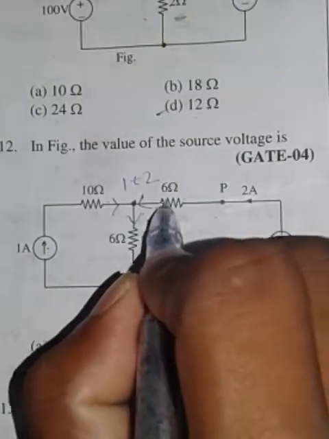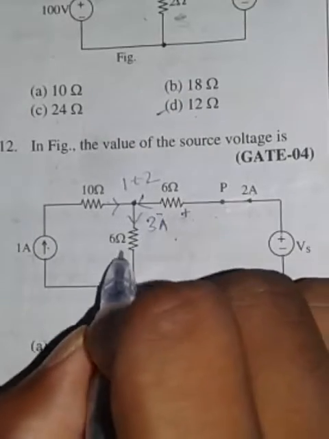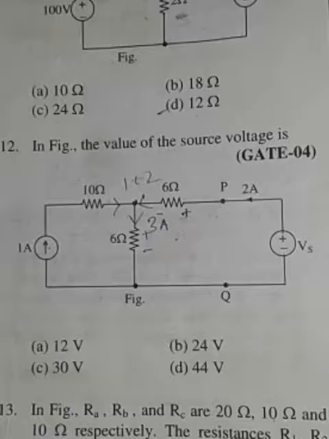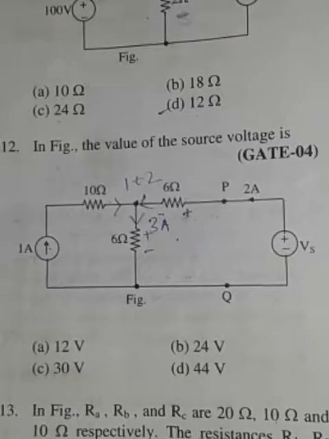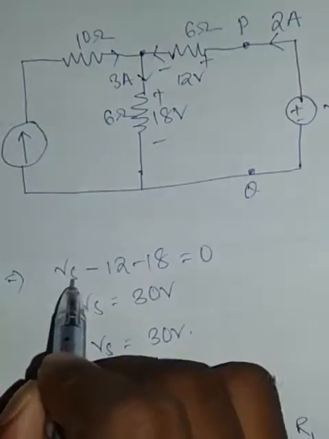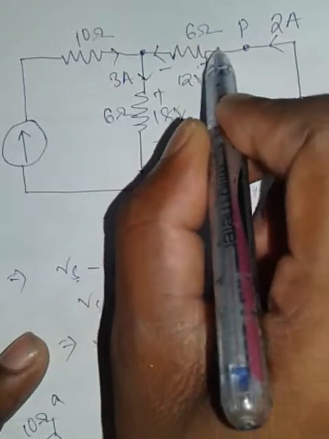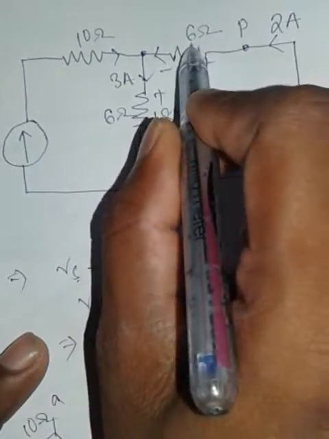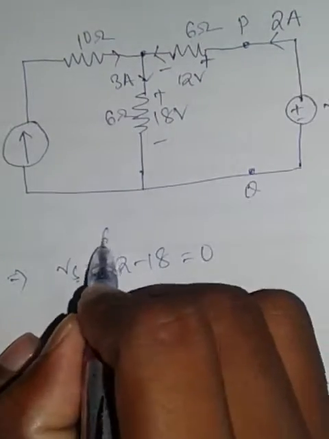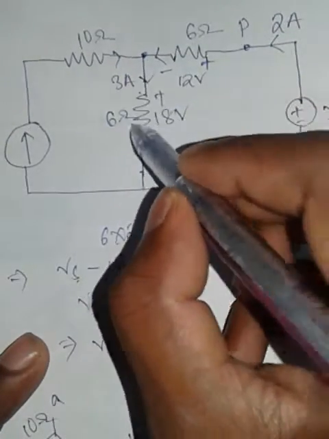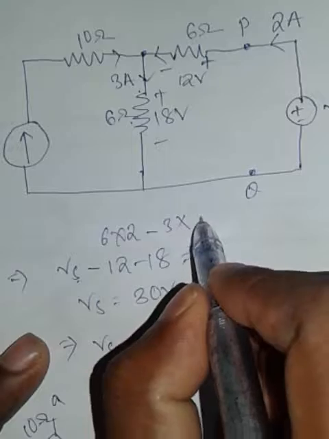This current is coming here, so this is plus, this is minus. This is also coming here, so this is plus, this is minus. So we are applying these in the KVL equation. Apply KVL here. Minus plus, this will be plus Vs. Current is going along the direction, so 6 into 2, or 6 into 2, minus 3 ampere is coming here, so 3 into 6.